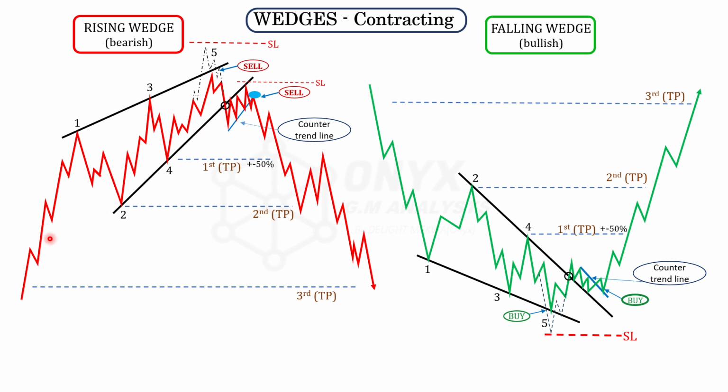As you can see, the market has been rising, forming a series of higher highs and higher lows. So as soon as the market comes here, you're gonna check. This was the first point, second point that it touched, the third point, fourth point, and the 5th point. Normally rising wedges turn on the 5th point.